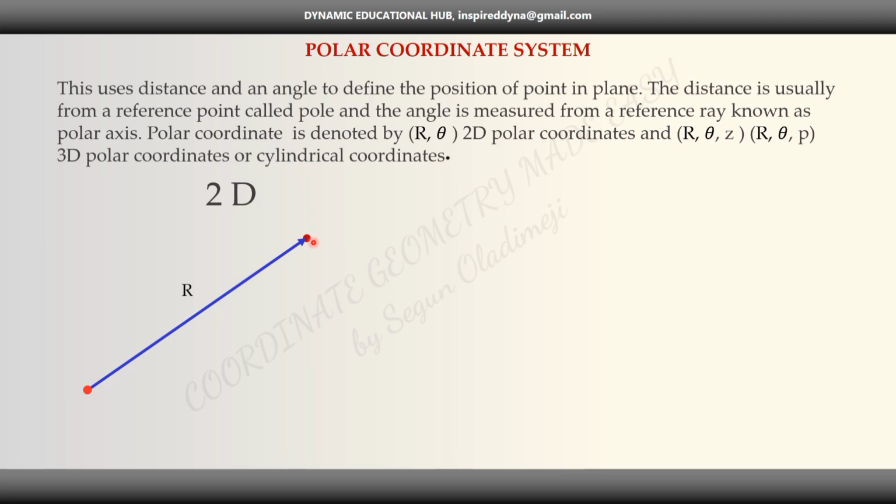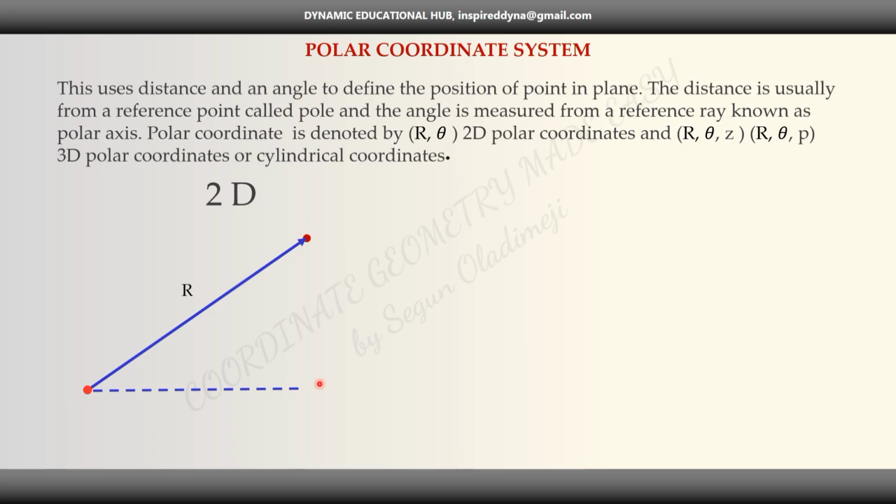The next thing is, from this reference point you are going to have the polar axis, which is called the reference ray, and the polar axis corresponds to the x coordinate in the 2D Cartesian coordinate system. So just like your x-axis, now you have it here. So this is the polar axis, which corresponds to the x-axis.